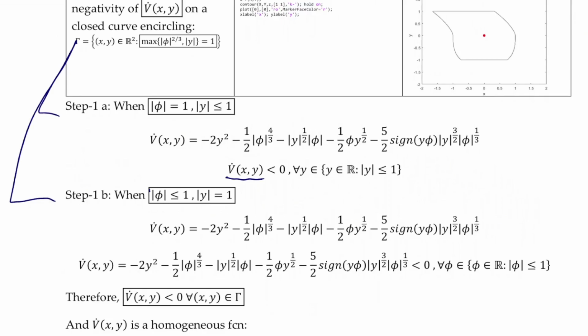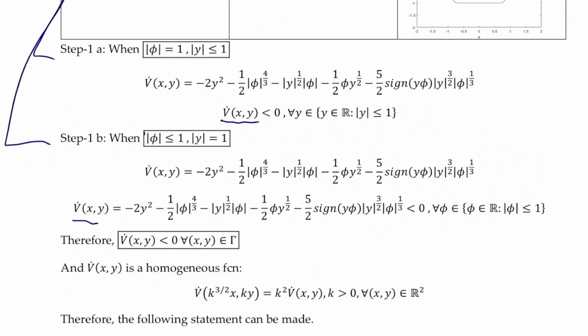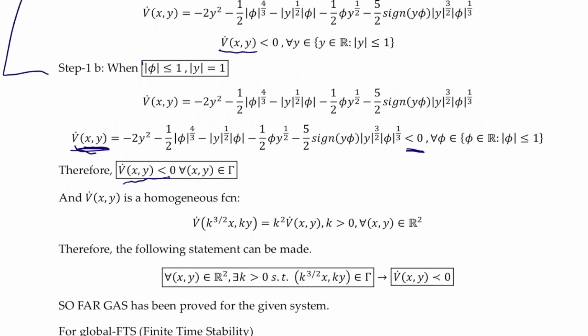And for this case as well, V dot is strictly negative. Therefore, since there are two cases, and in both cases we were able to show that V dot is strictly negative, at the end we can say that V dot is strictly negative on this level set, a closed curve encircling the origin.